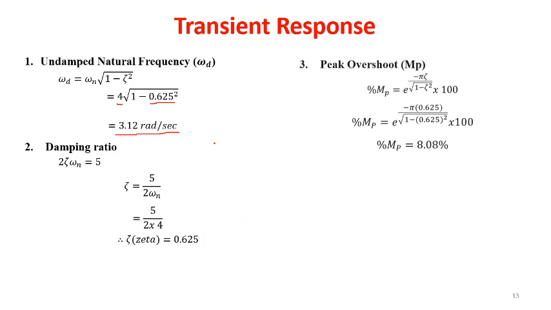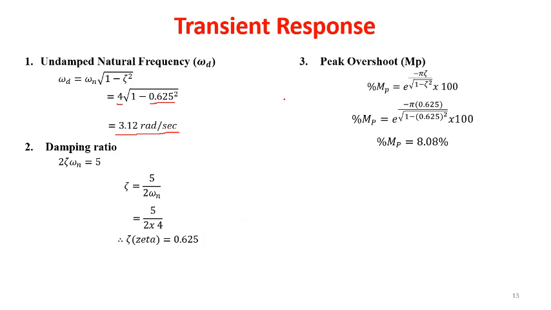Next, we need to find the peak overshoot. We know that percentage MP is equal to e to the power minus pi zeta by root of 1 minus zeta square, whole multiplied by 100. This has to be kept in mind, whole multiplied by 100.